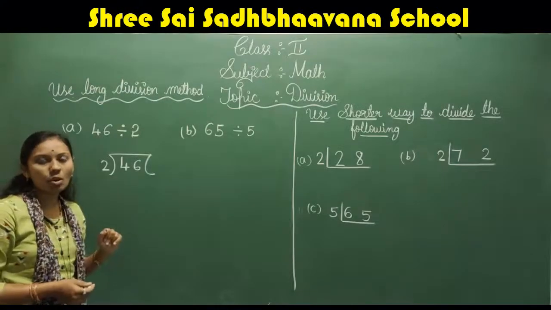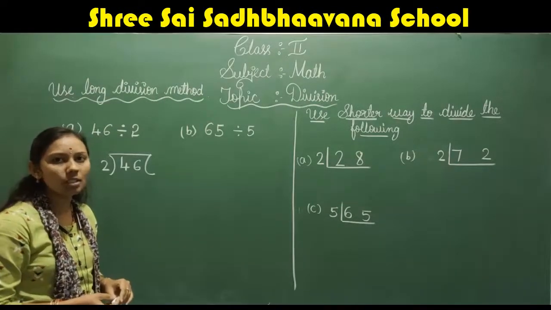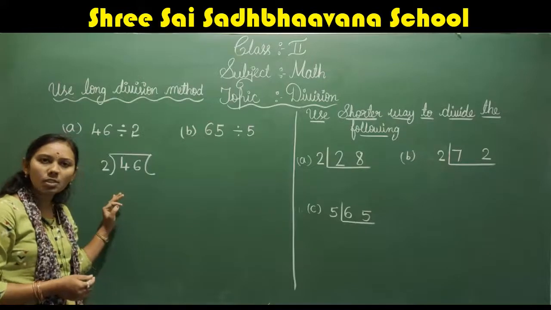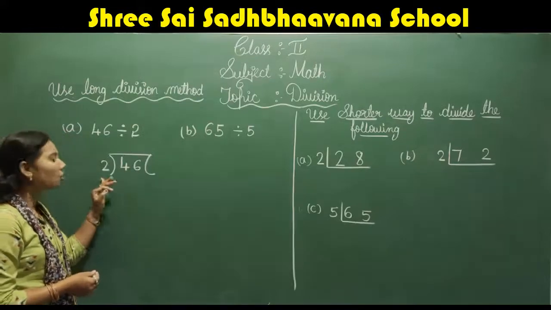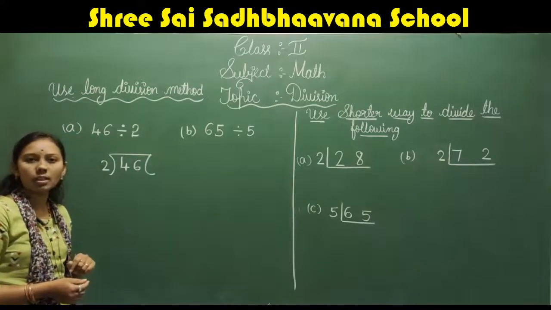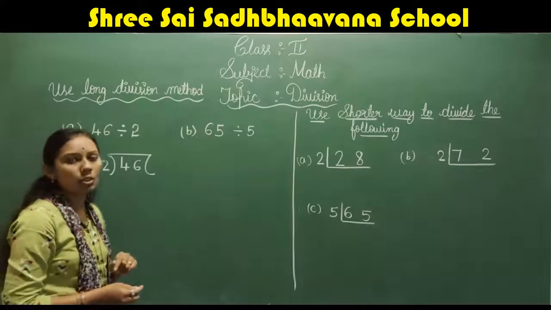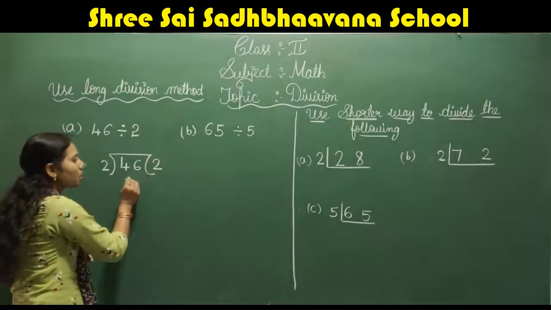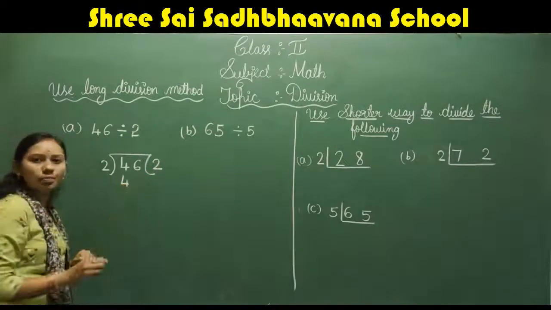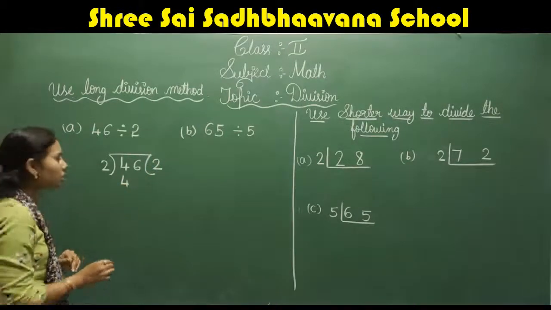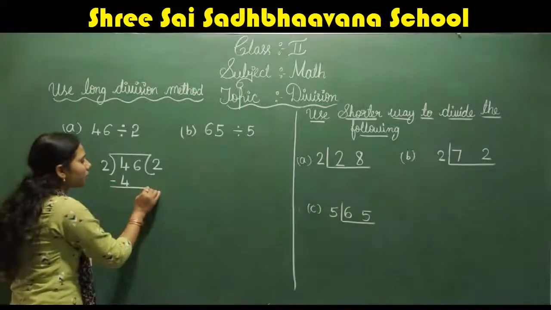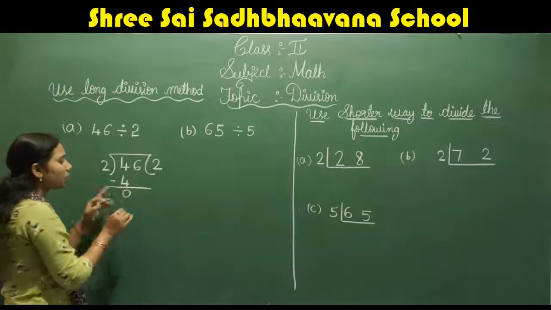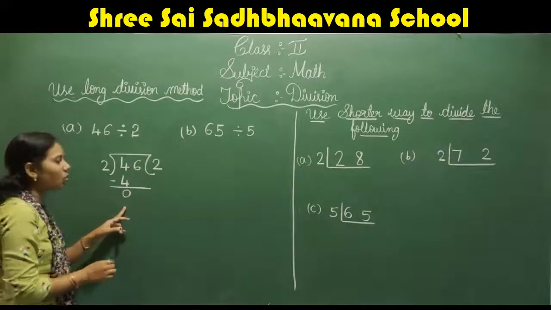How many times does 2 go into 4? 2 times. So 2 2s are 4. Right children? Here now we have finished with the tens place. 4 minus 4 we will get 0.